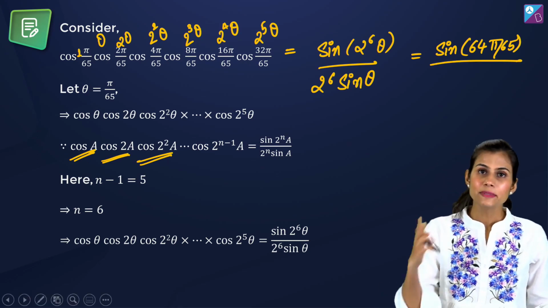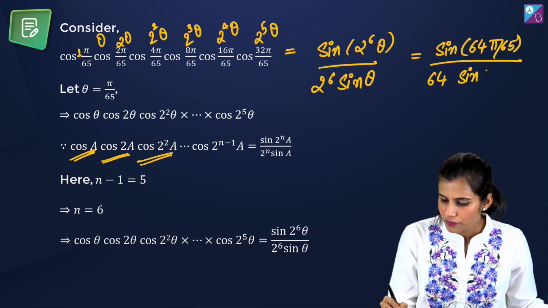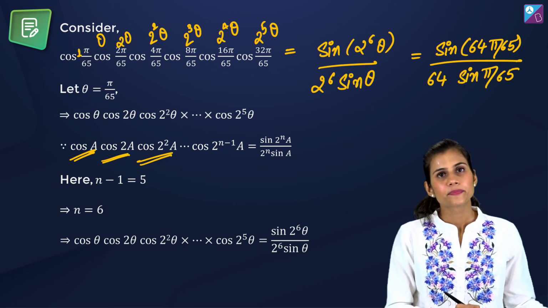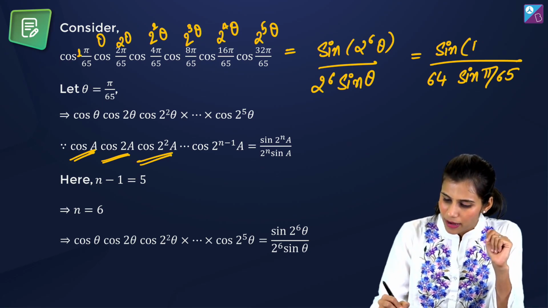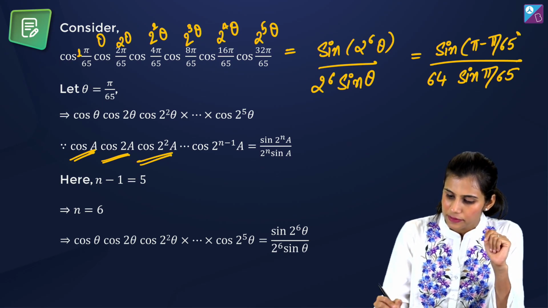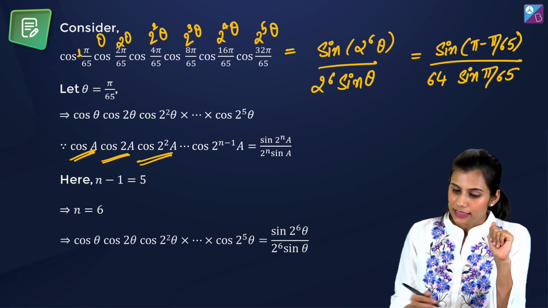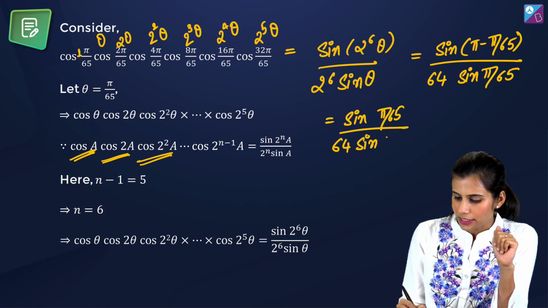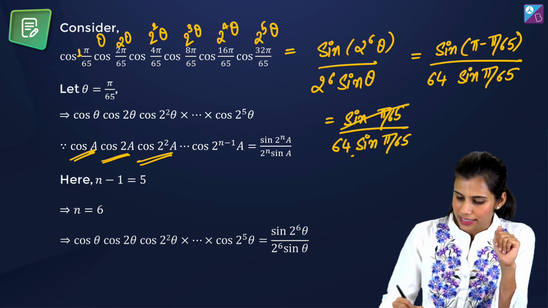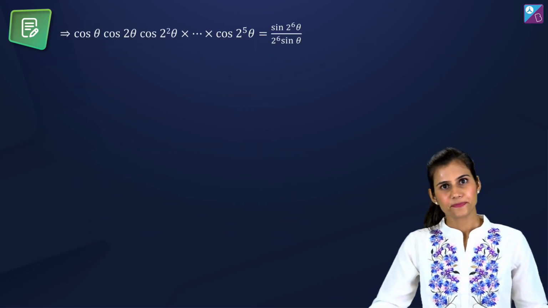So 64 times pi by 65. Then you have 2 to the power 6 again, 64, and sine of pi by 65. But 64 times pi by 65 I can write as pi minus pi by 65. And sine of pi minus theta is same as sine theta. So you are left with sine of pi by 65 upon 64 times sine of pi by 65. This gets cancelled out. You are left with 1 by 64.